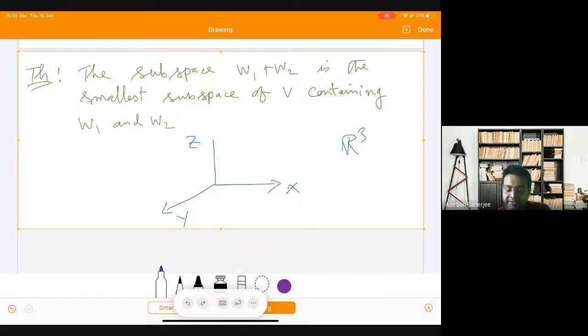Let's say the x-axis is W1 and the y-axis is W2.